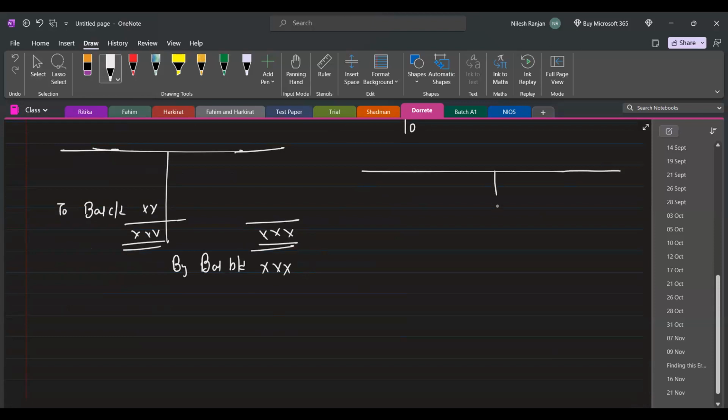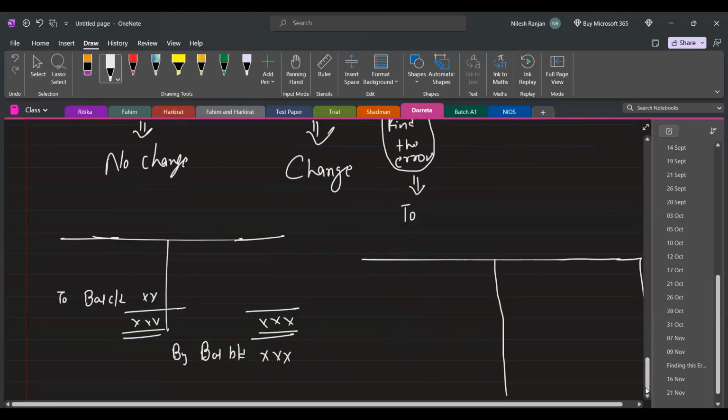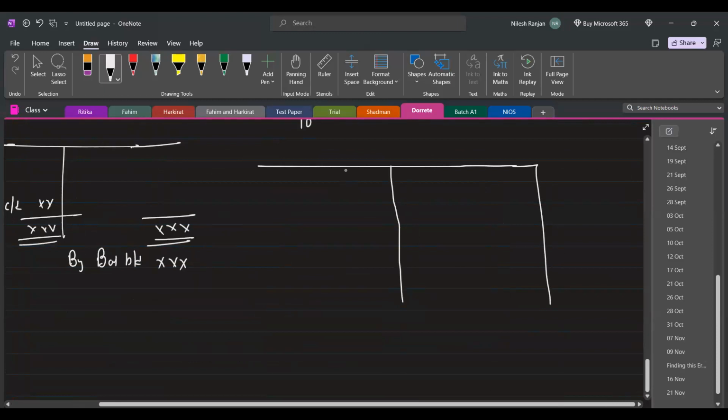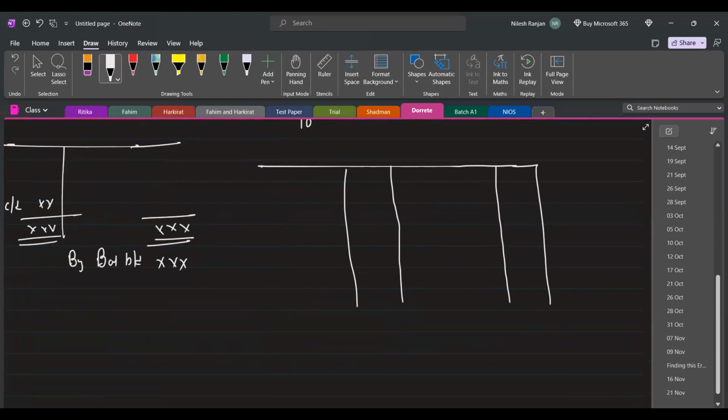Let's prepare a ledger first, then you will understand. You have prepared the ledger many times, so I think you should remember this. Let's say you have written by Mohan.